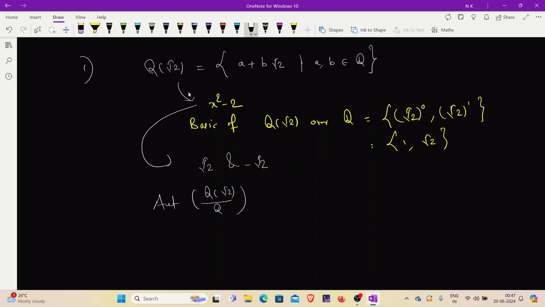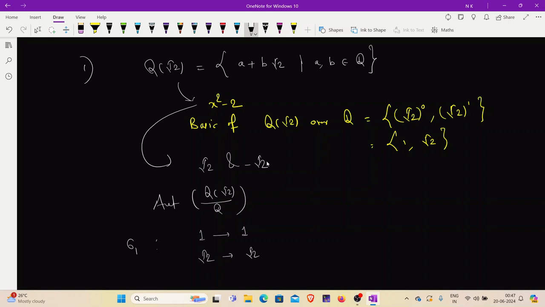So we need to only think of root 2, but its conjugates are root 2 and minus root 2. Both the elements are in Q root 2. So root 2 can map to root 2, or root 2 can map to minus root 2. So it will give me two automorphisms. So say sigma 1. Under sigma 1, 1 maps to 1, that is Q maps to Q, and root 2 maps to root 2, which is the identity map basically.